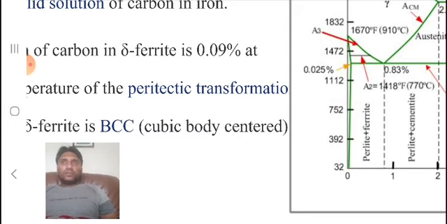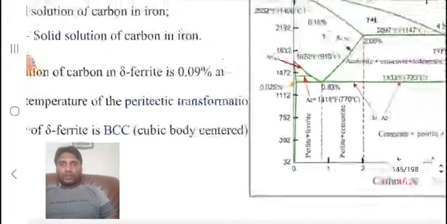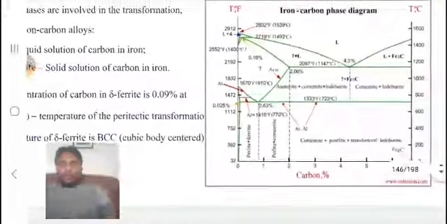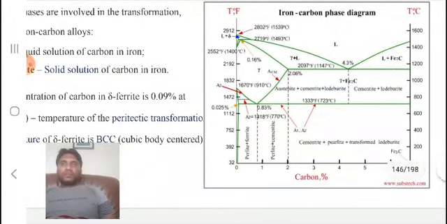So finally, before winding up this unit, let us once again recall all the points.